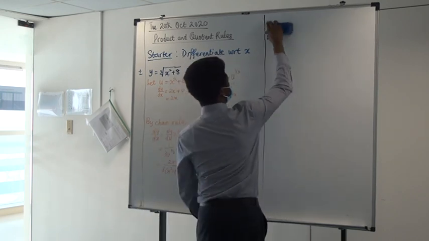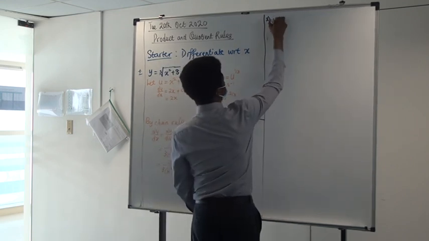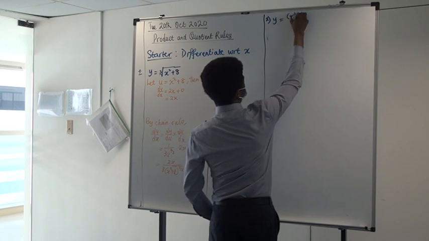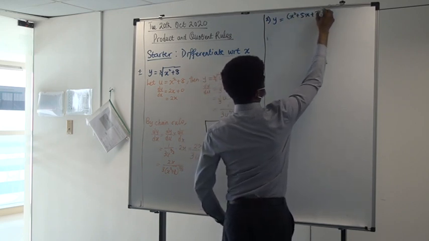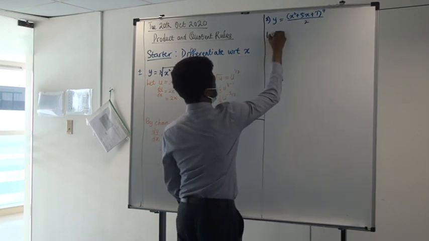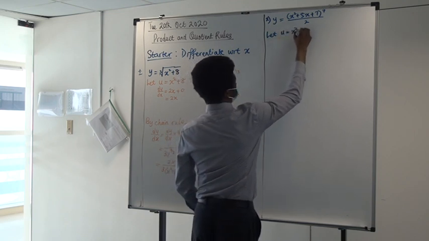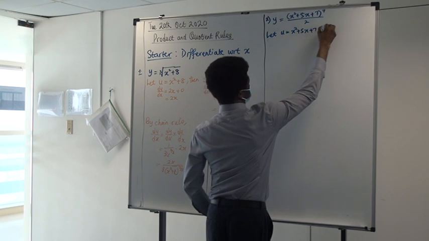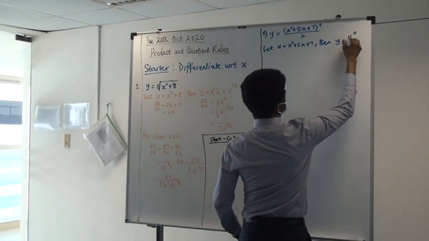Yes, Karen? X squared plus 5x plus 7, to the power 4 over 2. Okay, so here, let u be x squared plus 5x plus 7, then y will be what? u to the power 4 over 2.